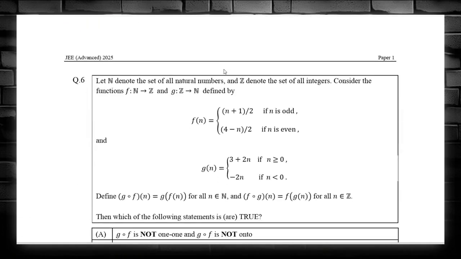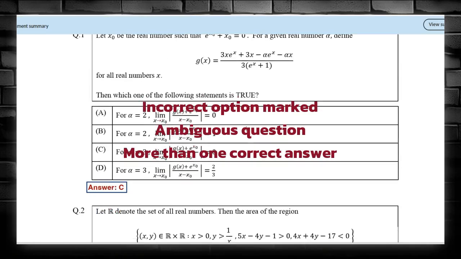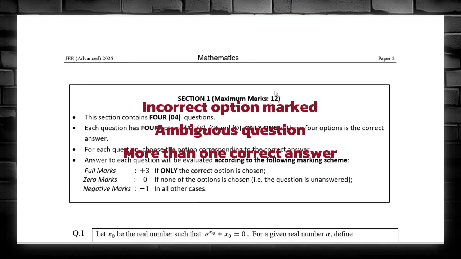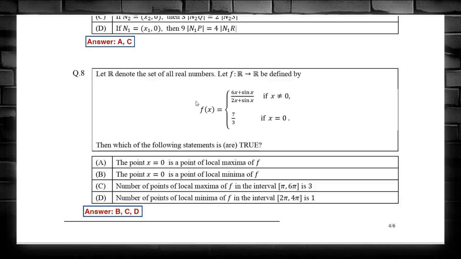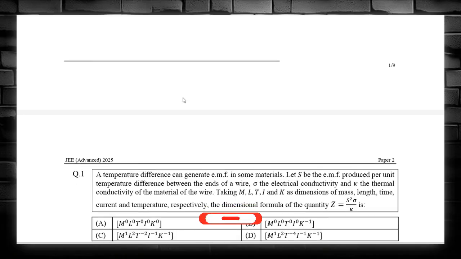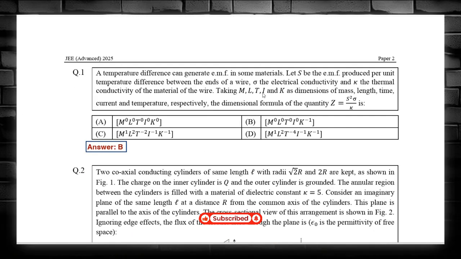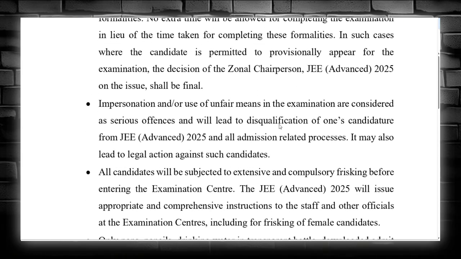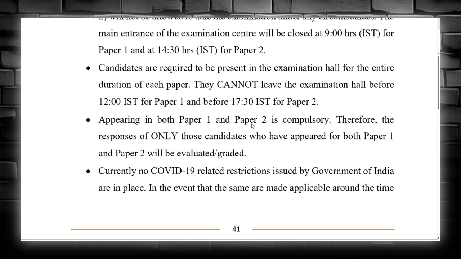Choose the type of objection: be it incorrect option marked, ambiguous question, or more than one correct answer. Any of these you can choose. And you need to upload a valid explanation for reference. For example, from any book like NCERT, Arihant or HC Verma, you can take reference out of it and then upload your answers, your justifications.